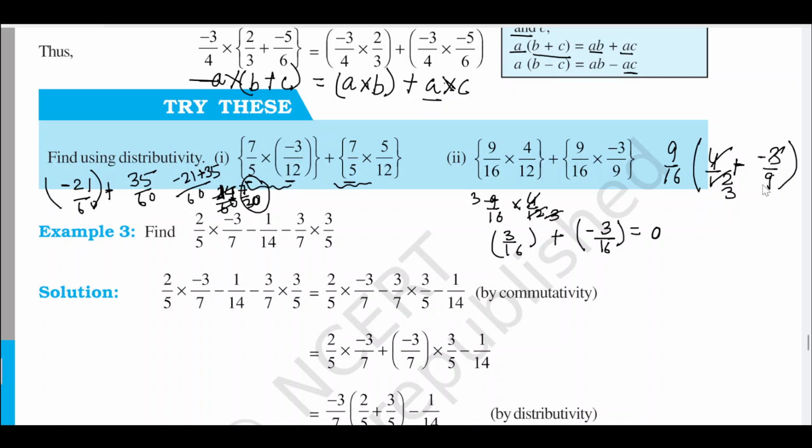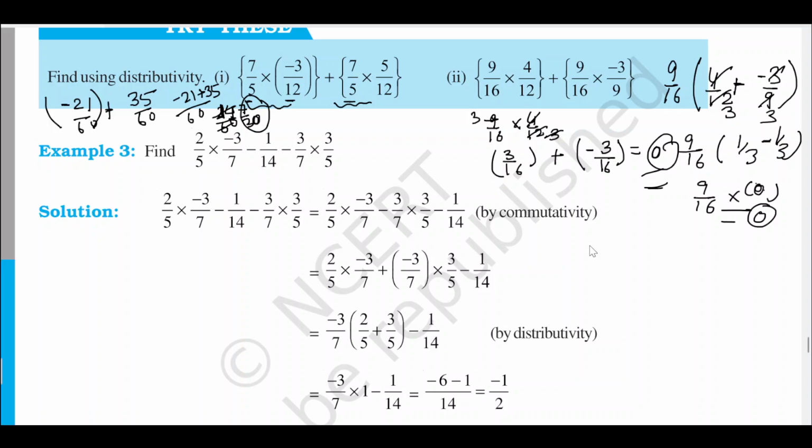So 9 by 16 into 1 by 3 plus minus 1 by 3. So this is going to be 0. 9 by 16 into 0. So anything multiplied by 0 is going to be 0. So 0 and 0, LHS is equal to RHS. We just went in reverse form of distributive property to get our results.